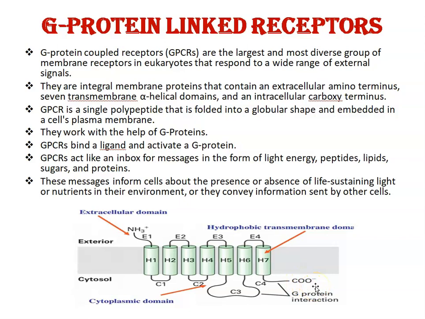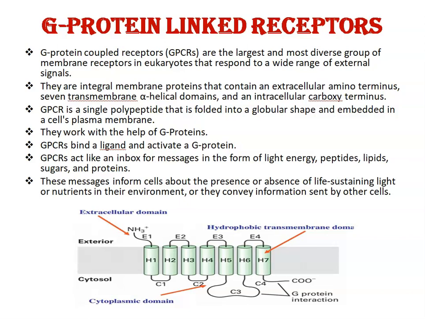Actually, this G protein linked receptor is a single polypeptide chain that is folded into a globular shape and embedded in a cell's plasma membrane. G protein linked receptors work with the help of G protein. That's why they are called G protein linked receptors. They bind a ligand and activate a G protein.